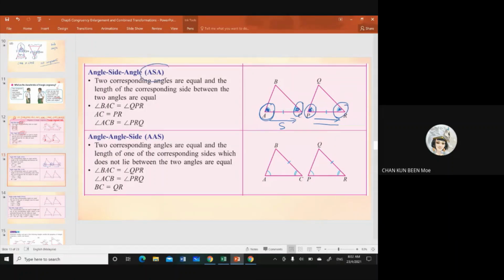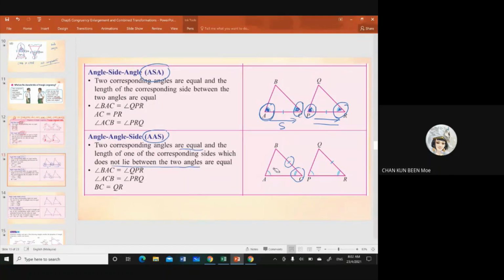Remember this one. Okay, next, it is angle, side, angle. Angle, side, angle is like this. So two corresponding angles are equal, and the length of one of the corresponding sides which does not lie between the two angles are equal. That side must not lie between the two angles.